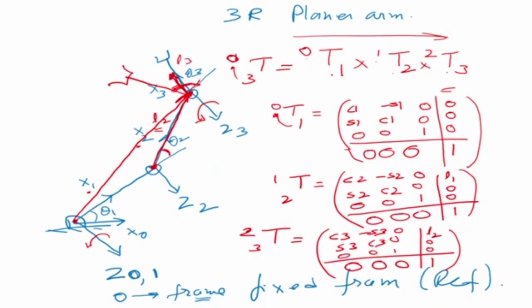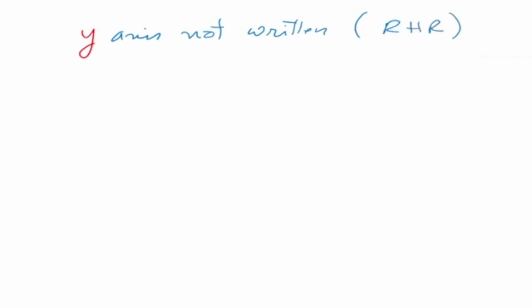Now some things to note here. Please note the y-axis is not normally written or drawn. Why? Because of the right hand rule. Fixing x and z automatically fixes y by the right hand rule.